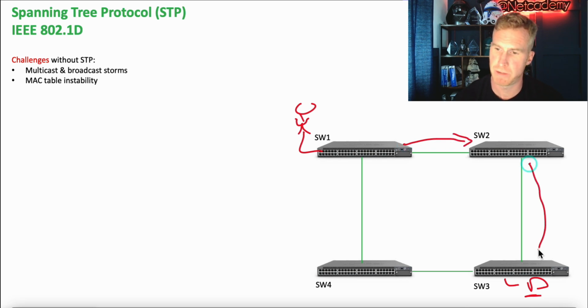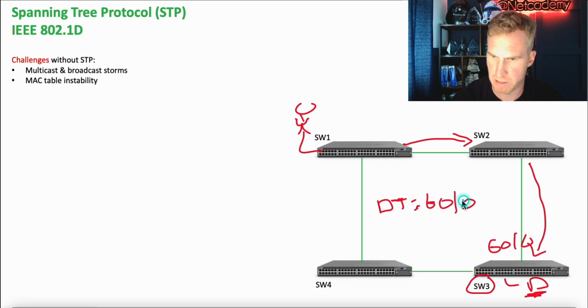SW2 then sends that frame down to SW3, where it then gets to the destination. Great. Well, what SW3 learns in its MAC address table is that to get to David Townsend, and I'm just going to put DT as short, I need to go out of, let's just call it Gig0/0, my Gig0/0 port.